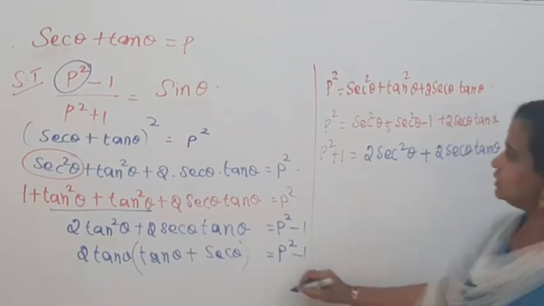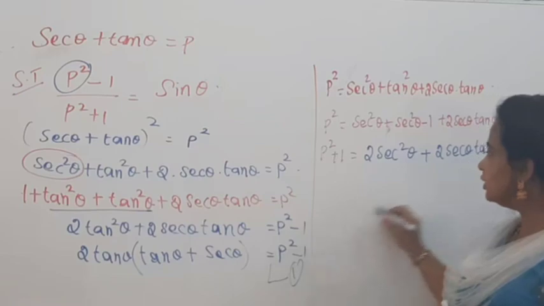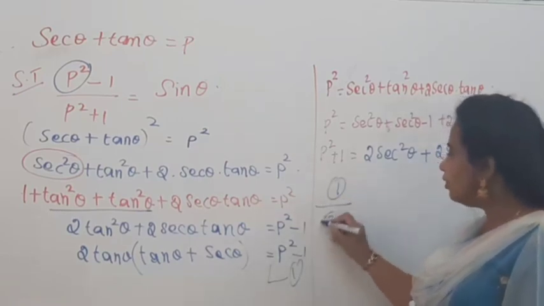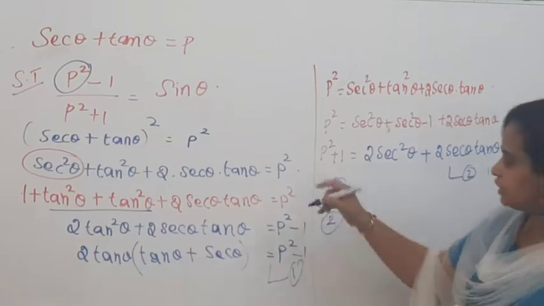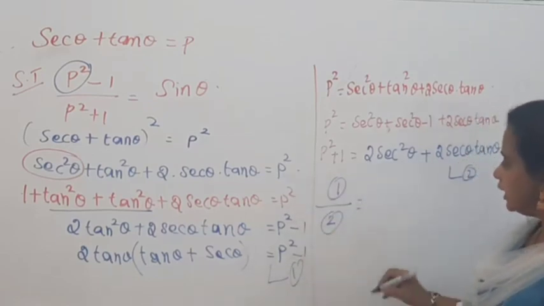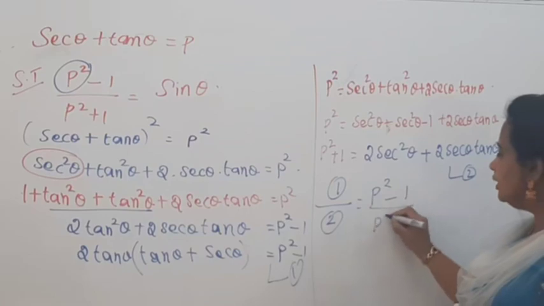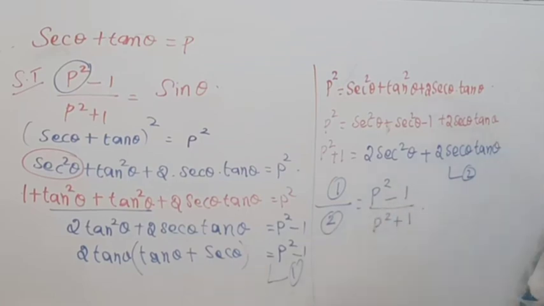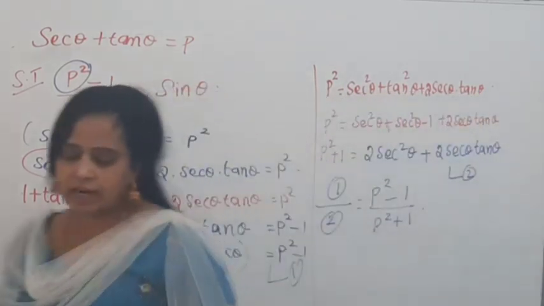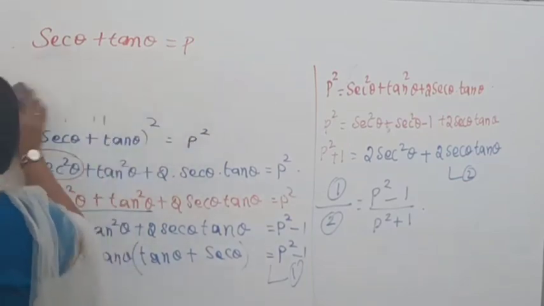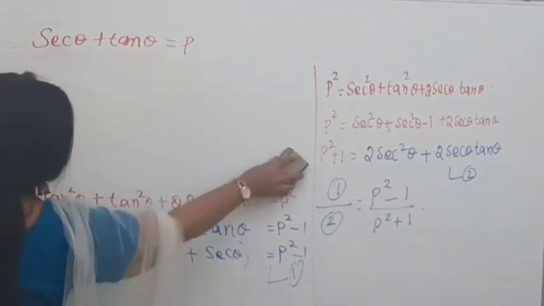Now I have, this is the first equation and this is the second equation. I have to find 1 divided by 2. Why? Because I get P square minus 1 divided by P square plus 1. So I am going to divide P square minus 1 by P square plus 1. So what is that?